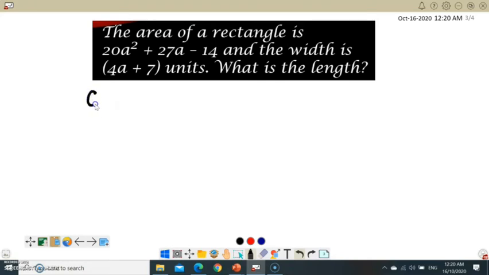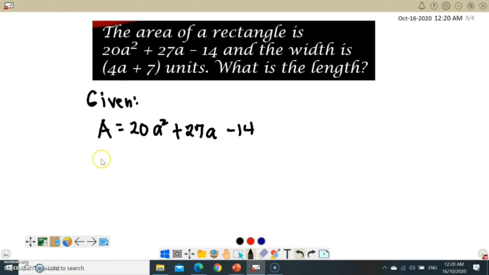So obviously, the given are area, which is equal to 20a square plus 27a minus 14. So the width of the rectangle is equal to 4a plus 7. Now we are looking for the length of the rectangle.